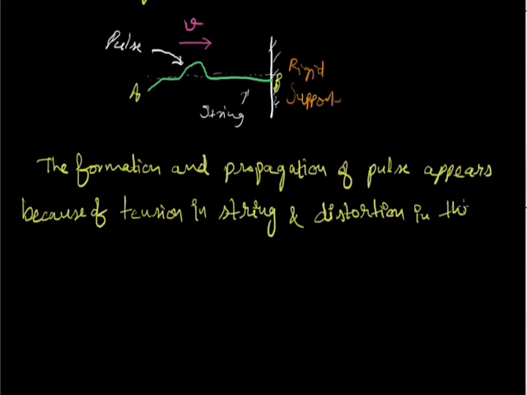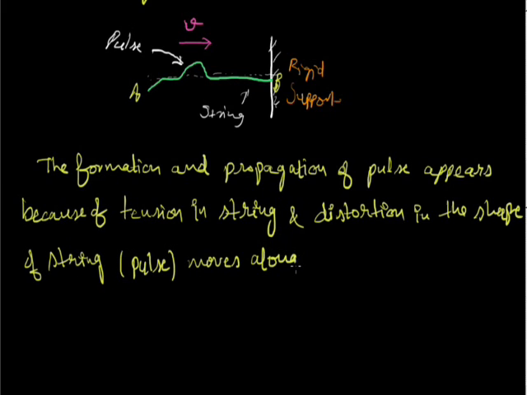Distortion in the shape of the string means the pulse moves along the string with a certain velocity.